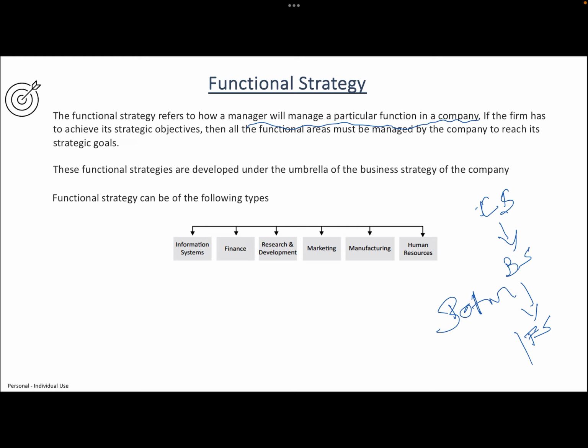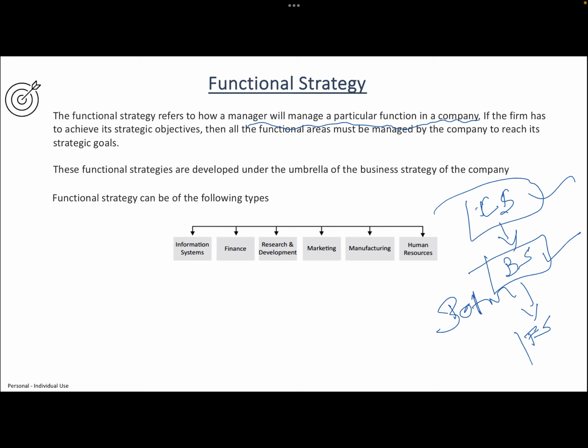For that, every function should work towards the same strategic goals, and this functional strategy helps in achieving strategic goals. These functional strategies are developed under the umbrella of business strategy as well as corporate strategy. The topmost layer is corporate strategy, followed by business strategy, and then under that, functional strategy.